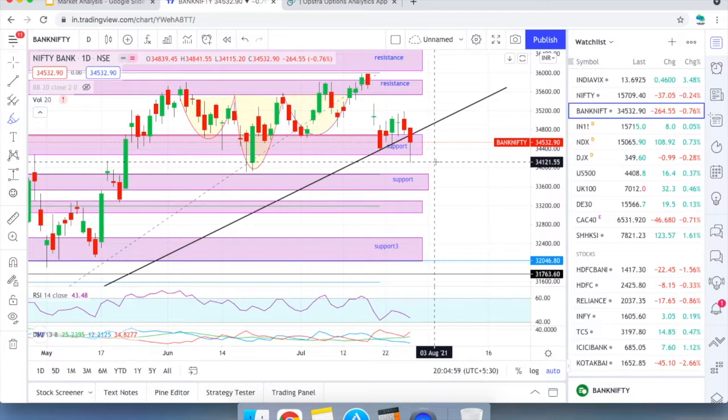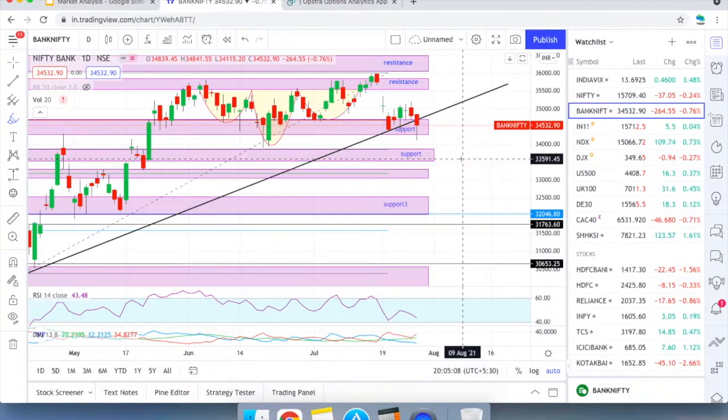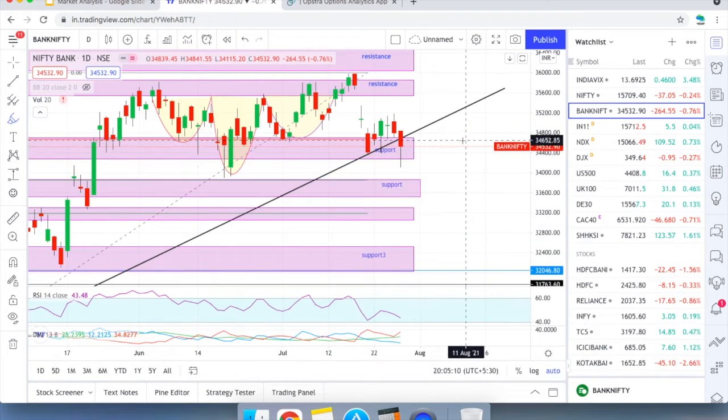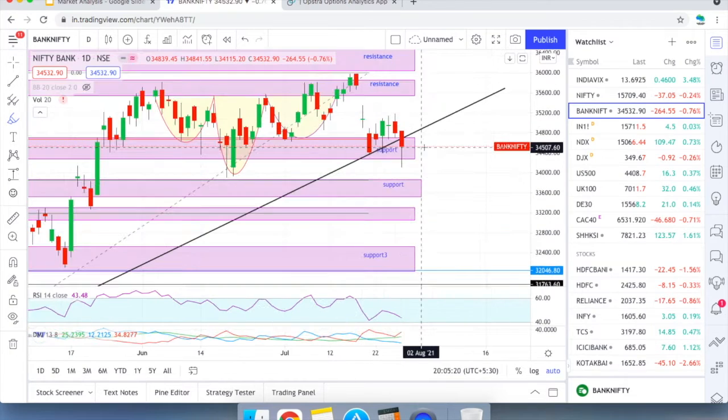It came close to it, till 34,000, and then bounced back and is hanging on the trend line channel. So it is still in the support zone of 34,700 and 34,300. It has taken the support, you can say. Now whether it will bounce back upwards, we don't know.